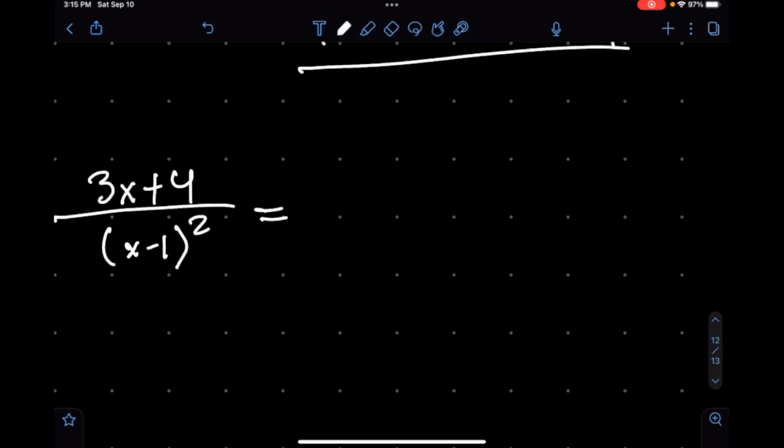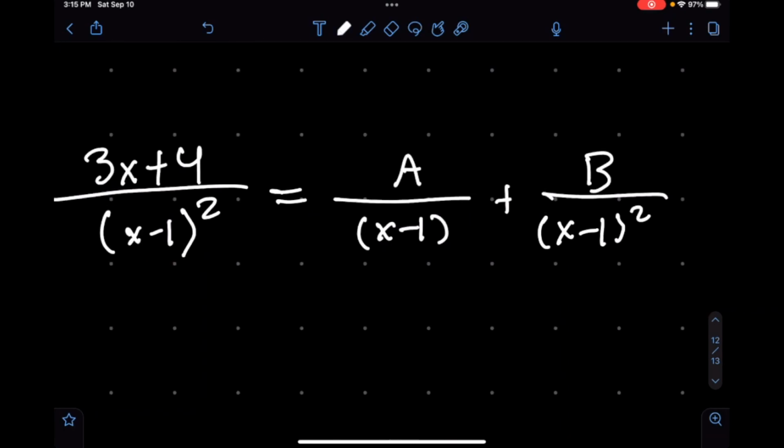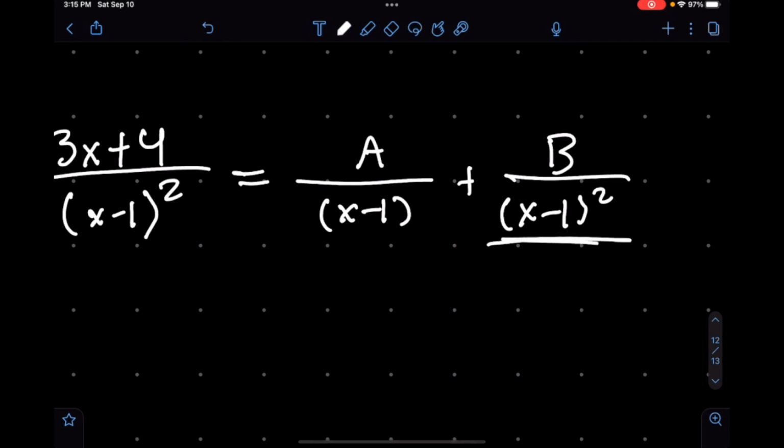You have to grow the power. So what I mean by that is this first term will be, as normal, x minus 1. But your second term will be x minus 1 squared. This will just be over a regular constant if you are growing the power like this. But just be wary that you cannot start with this. You have to grow the power first.